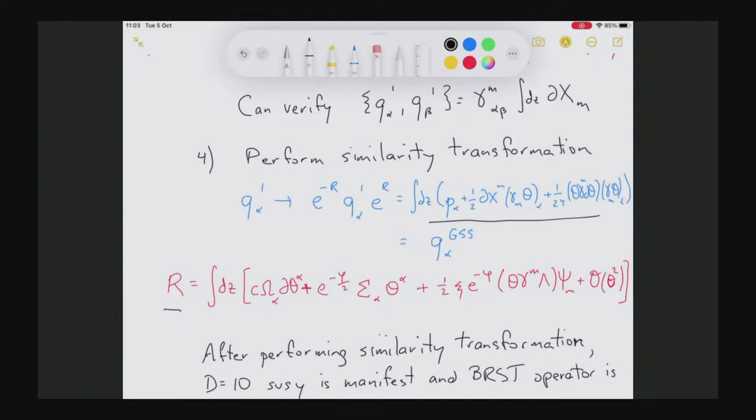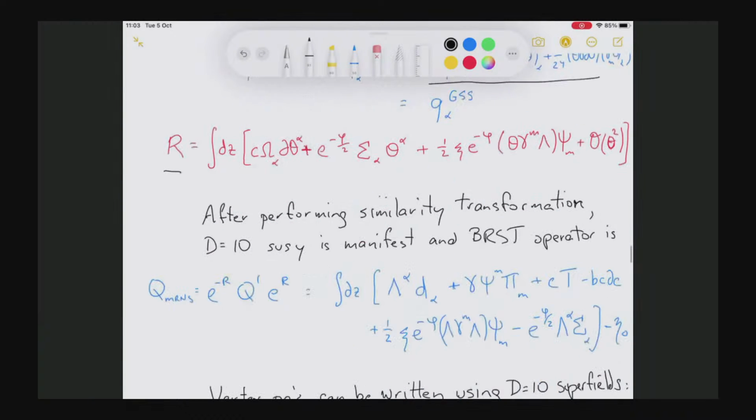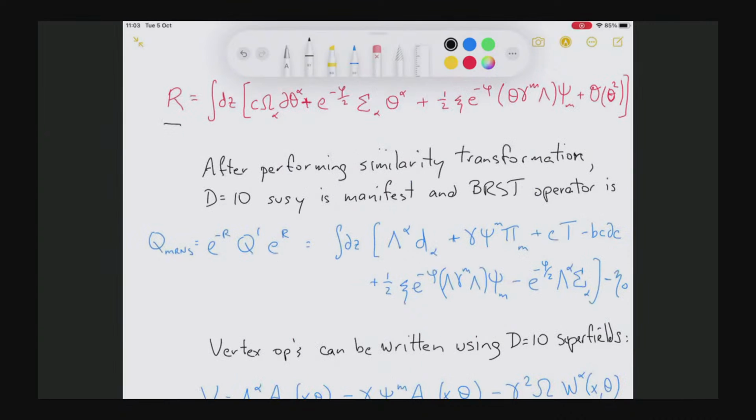But of course, the BRST operator also changed. So after performing the similarity transformation, the BRST operator, which started out as being the RNS BRST operator plus this topological term, now has, of course, also a manifestly space-time supersymmetric form because it's now also going to commute with Q prime, with small q prime.